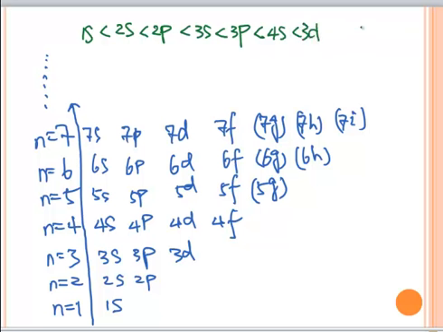The next one will be 3d, and the next one will be 4p. However, instead of 4d, you go for the 5s. Then you get to 4d, and this list goes on.